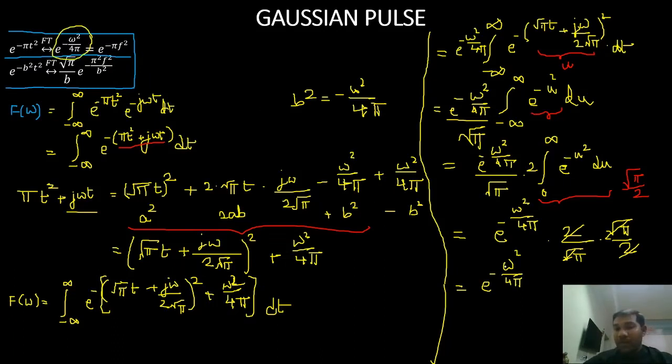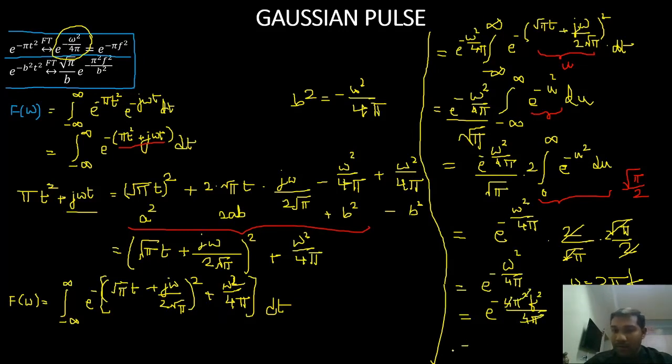In place of omega, if I substitute 2 pi f, since omega is nothing but 2 pi f, I get e power minus 2 pi f whole square divided by 4 pi. 2 pi f whole square is 4 pi square f square divided by 4 pi, and this gets cancelled.